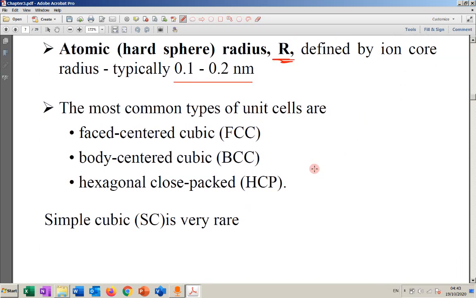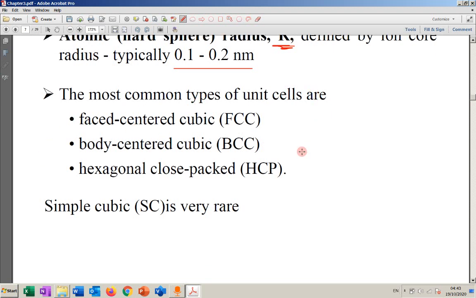Now, we're going to explain, in another video, the types of crystal structure that we will talk about for metals. We have 4 crystal structures. They call them the types of unit cell.